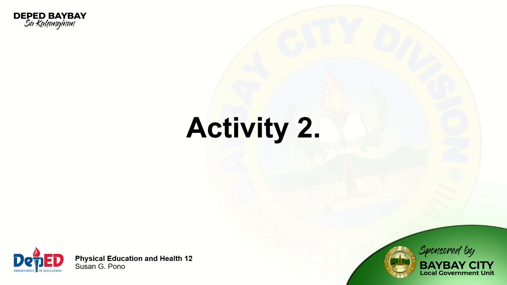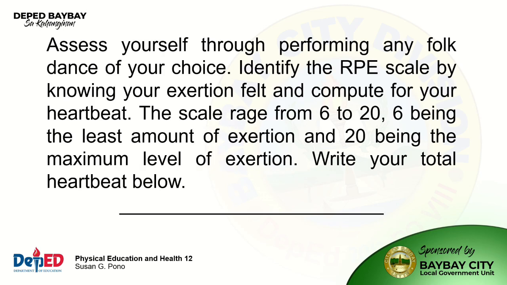Now, let's proceed to activity 2 about my heartbeat. You are going to assess yourself by performing any folk dance of your choice. Identify the RPE scale by knowing your exertion felt and compute for your heartbeat.